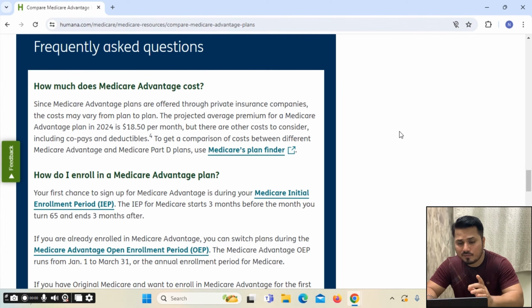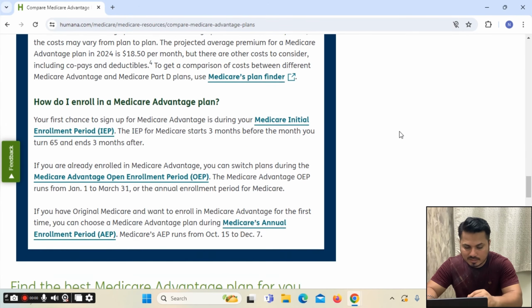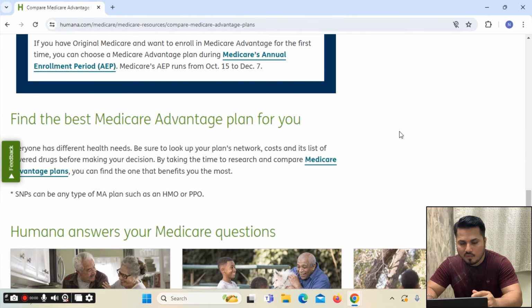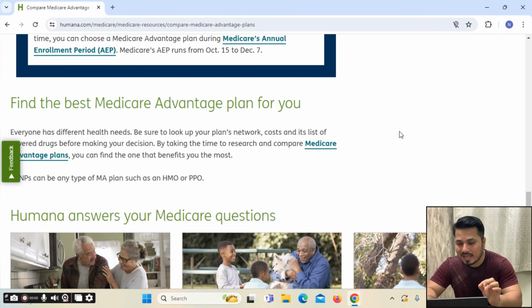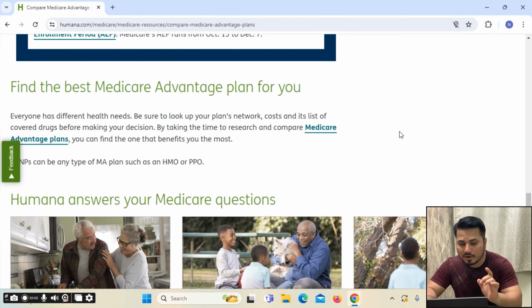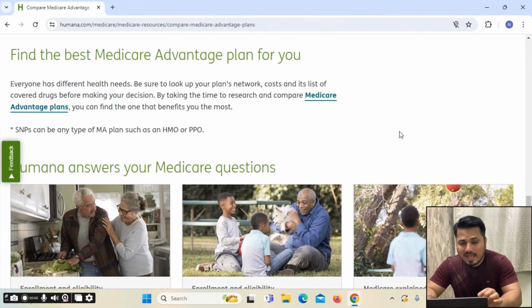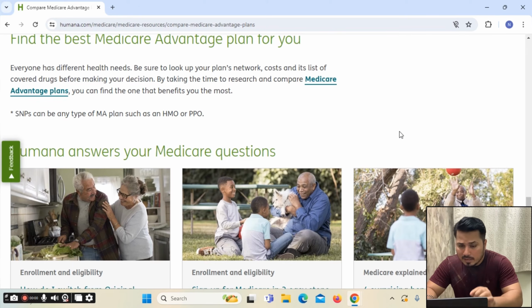Now, here are the frequently asked questions, and we have already gone through these questions. Let's scroll down. Find the best Medicare Advantage plan for you. Everyone has different health needs. Be sure to look up your plan's network, cost, and its list of covered drugs before making your decision.